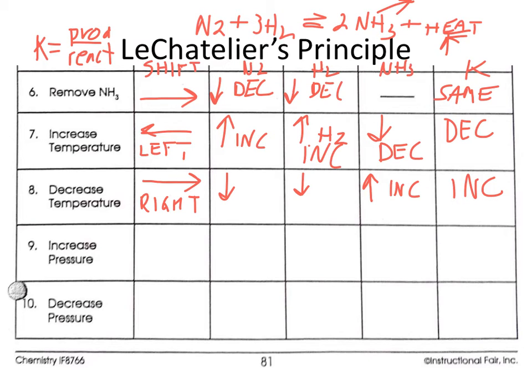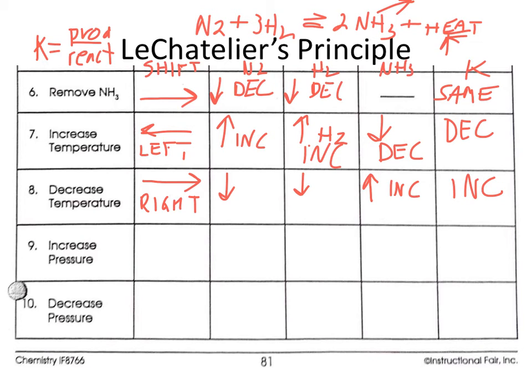Okay, so that's pretty much it for any change in the equilibrium constant. It only depends on temperature. Now let's take the case where we're increasing pressure. When we have an increase in pressure, we want to reduce the pressure.